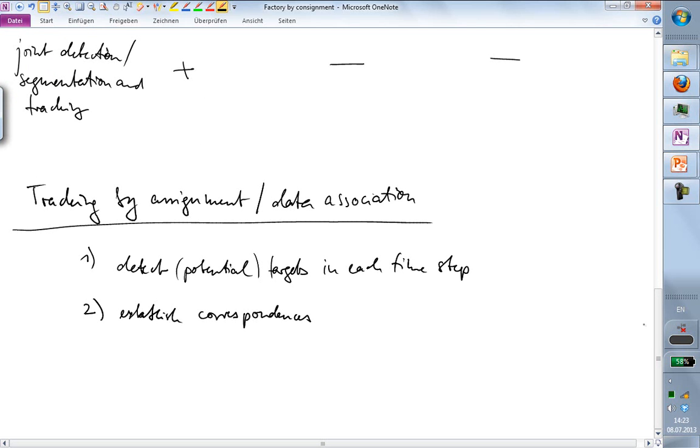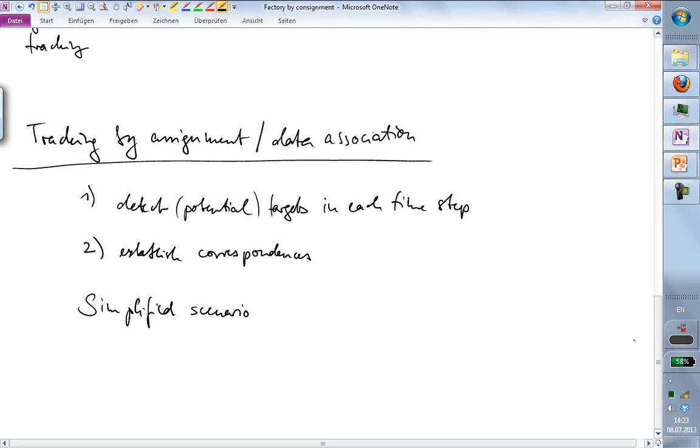And I will, in the following, consider a simplified scenario where I make a couple of assumptions that are not necessary, but I don't want to make things too complicated. So in my simplification, I will assume that we have perfect detection.